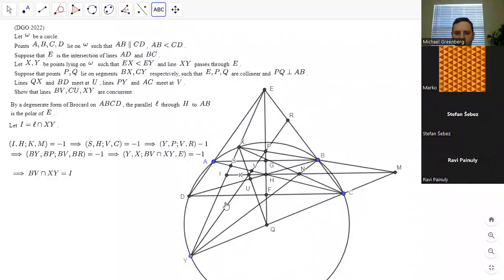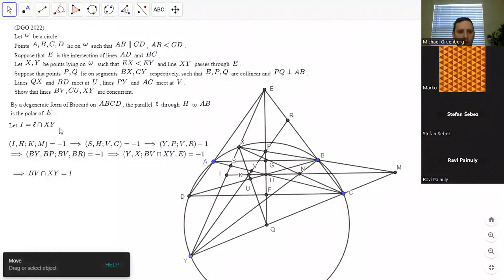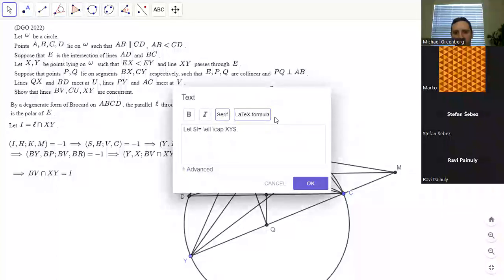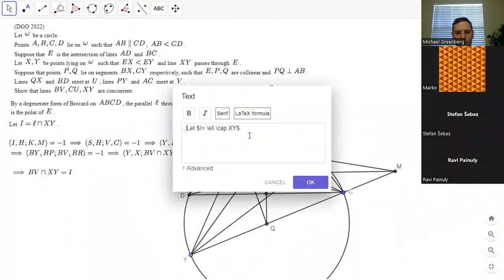So by Brocard's theorem on X, Y, C, B, N also lies on the polar. So let N be CX intersect BY.